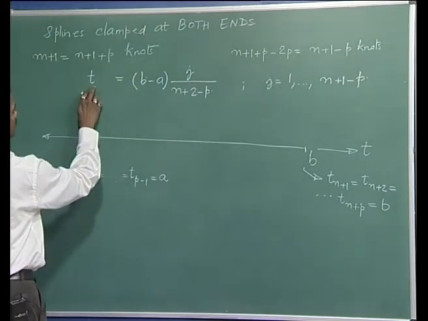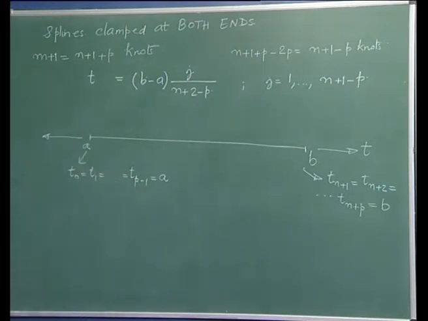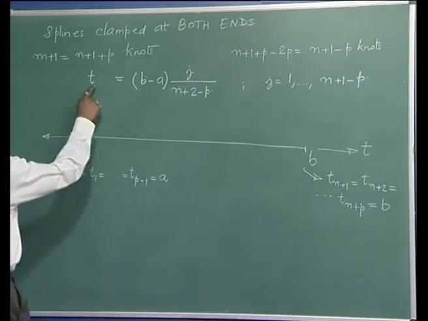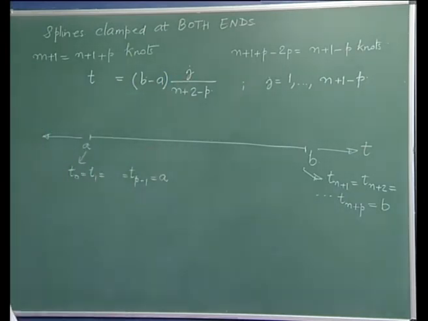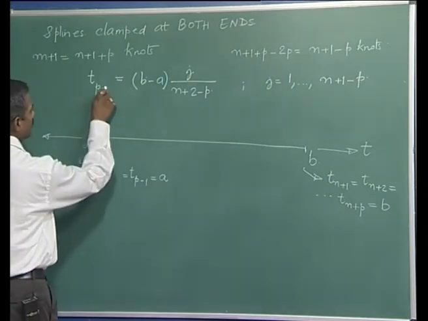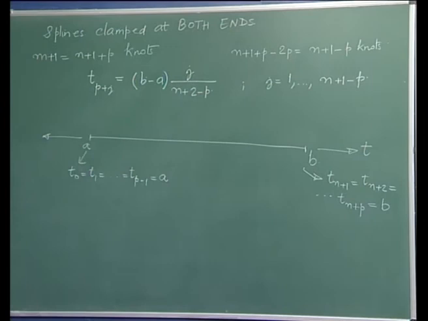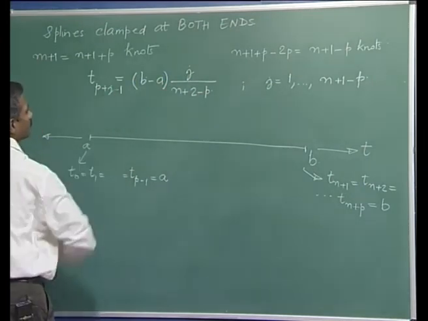What would be the index corresponding to this T? And how will this index be related to j? Clearly, this is p plus j minus 1.